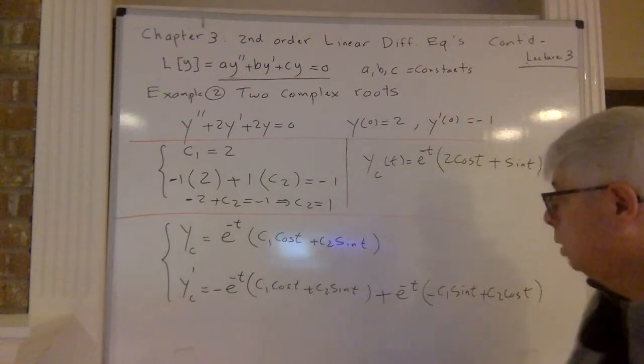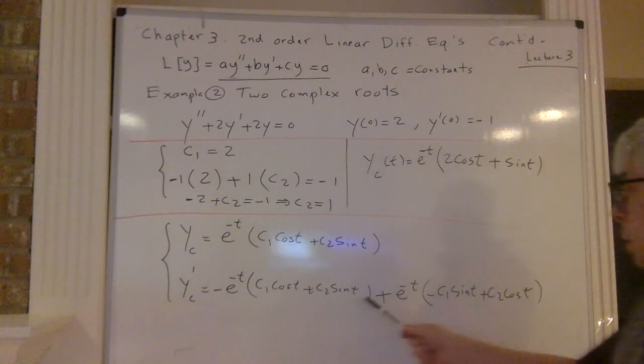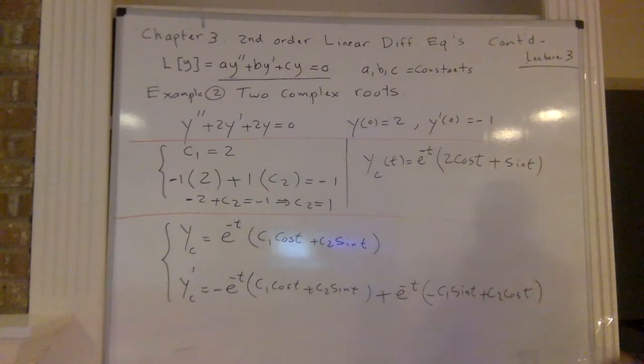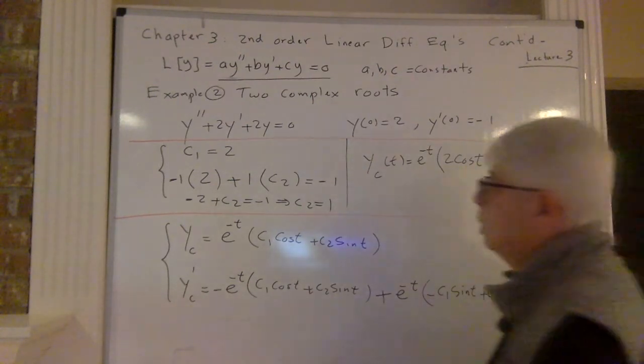This was 2 here, c1 is 2, then 1, c2. And c2 minus 2 is minus 1, so c2 is 2 minus 1, which is 1. Okay. You can check my calculations and correct me if I have made any mistakes. So that was the second one, the second case in fact.